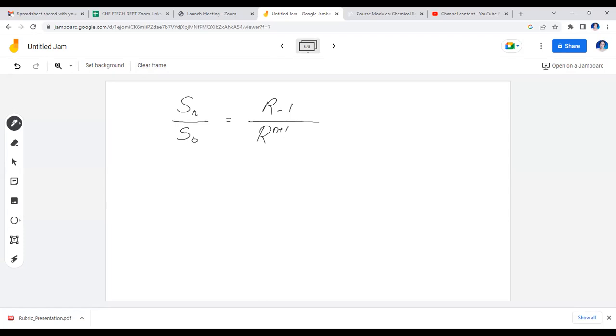We can use this because we're using pure solvent. In this formula, we don't have the R yet. I'll just have this as equation 1.